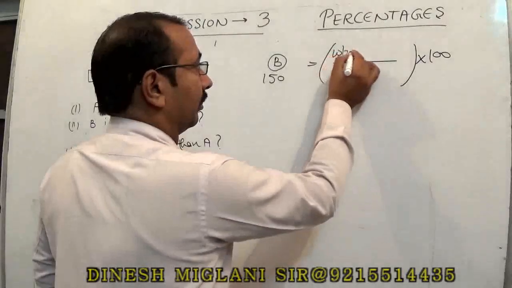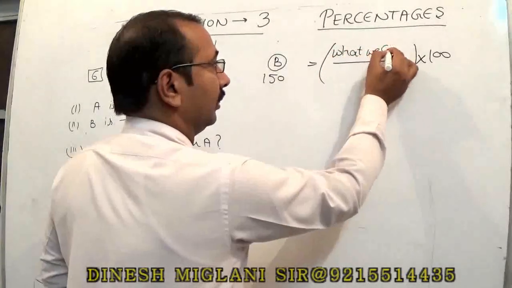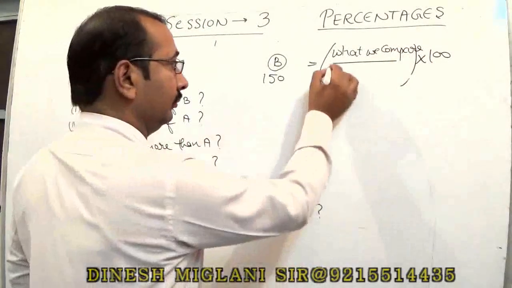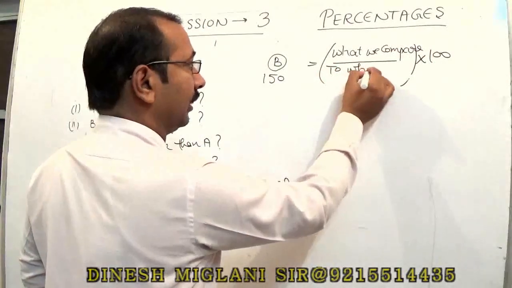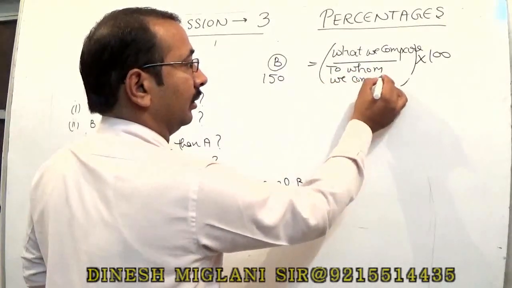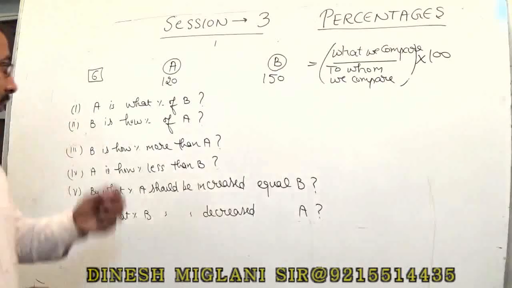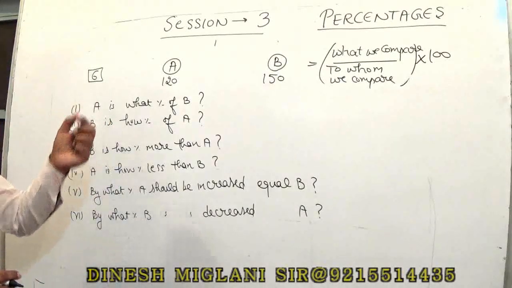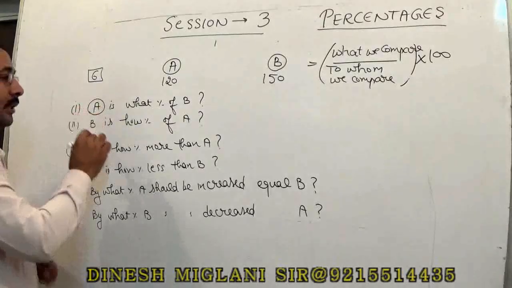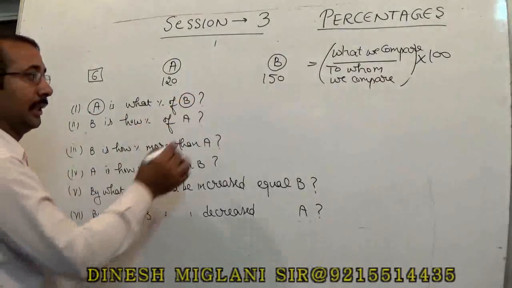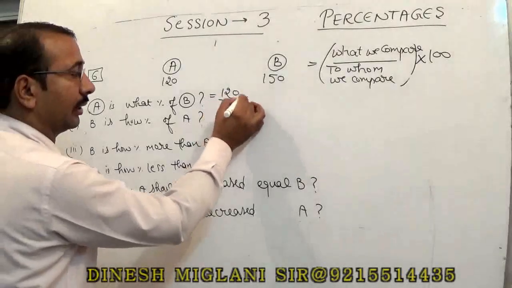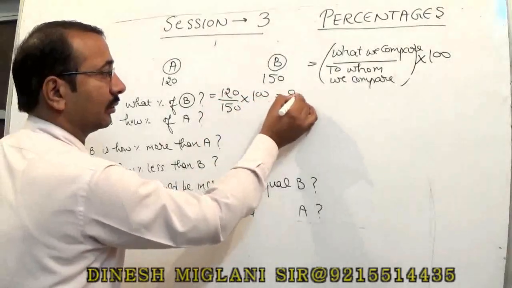What we compare must be written in the numerator, and to whom we compare must be written in the denominator. For example, the first question: A is what percentage of B? What am I comparing? I am comparing A. To whom am I comparing it? B. It means A must come in the numerator and B in the denominator, into 100, and my answer is 80%.